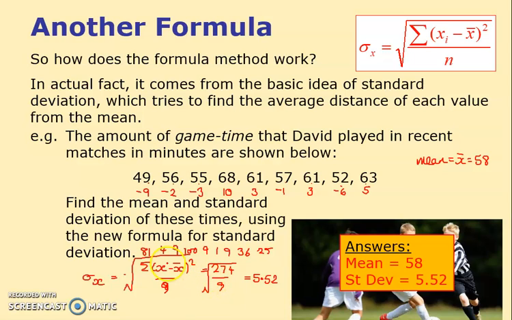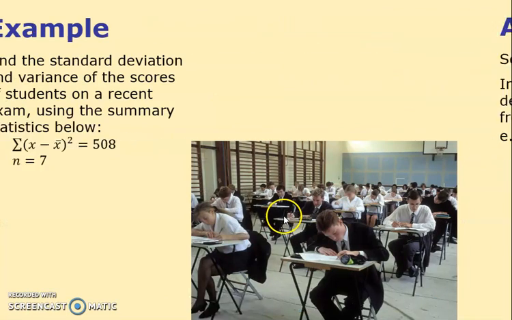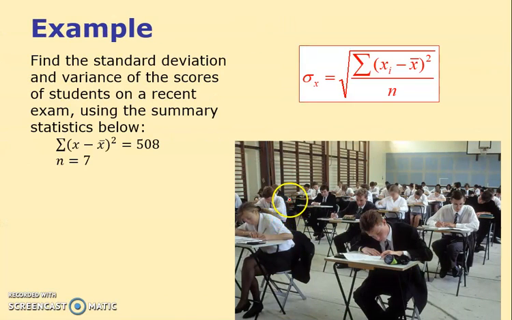So you'll notice there's a process by which you can go through these questions, and it allows you to find the mean in each case and then the standard deviation in each case. So this is a second formula which we need to know. Let's see if we can do it in this case. Notice all the work's been done for us. They've told us what this summary statistic is. That's the 508. So it says find the standard deviation.